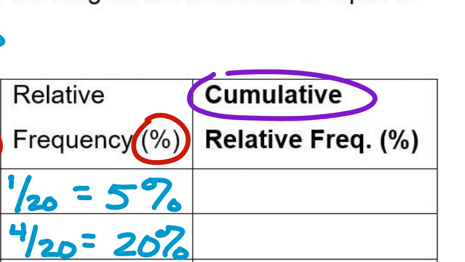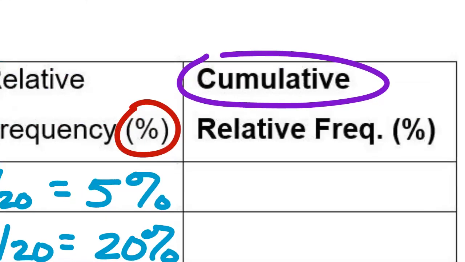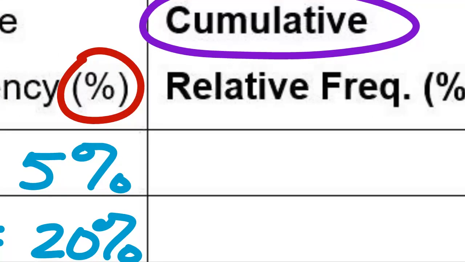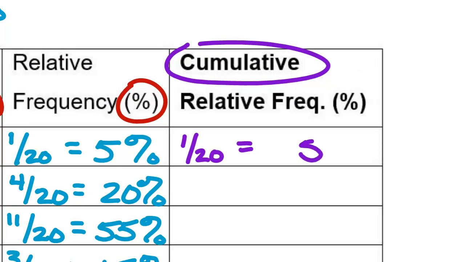So our cumulative relative frequency for 56 to 60, if I start at the beginning of the graph on the left-hand side and go over to 60, we've only managed to grab one person, right? So 1 out of 20, 5%.